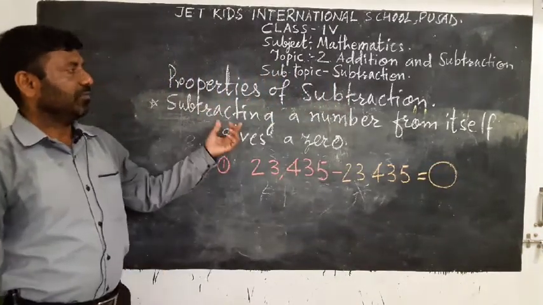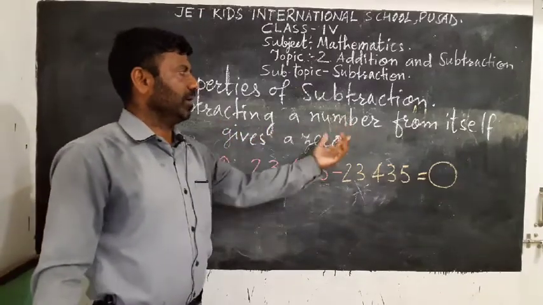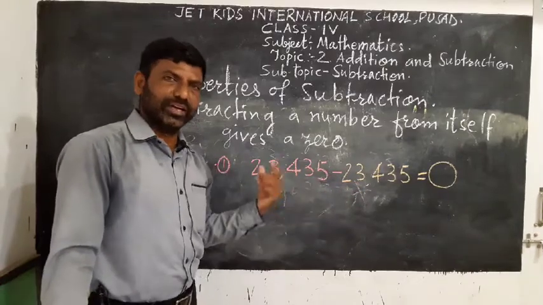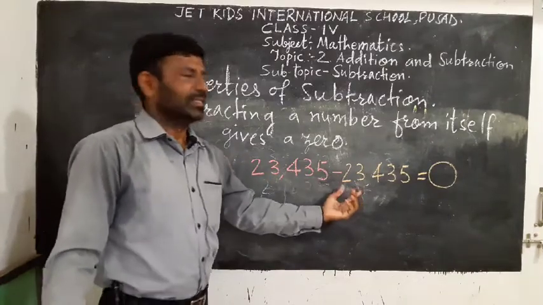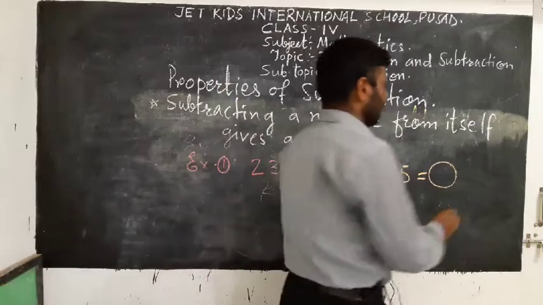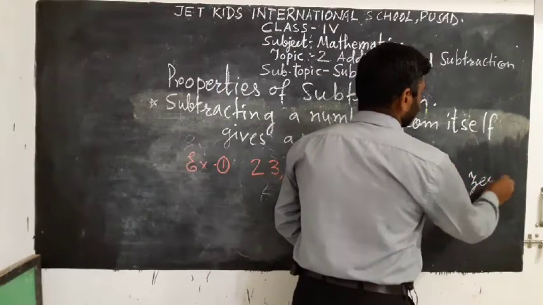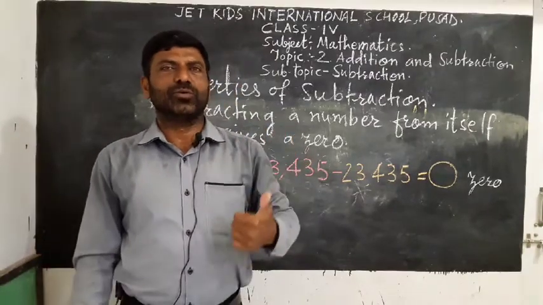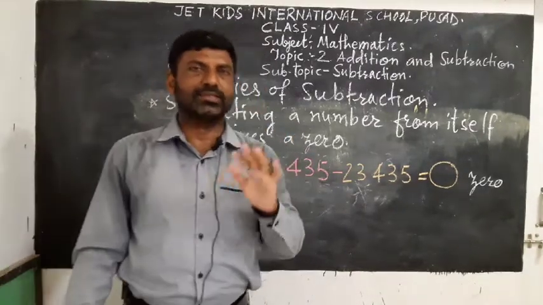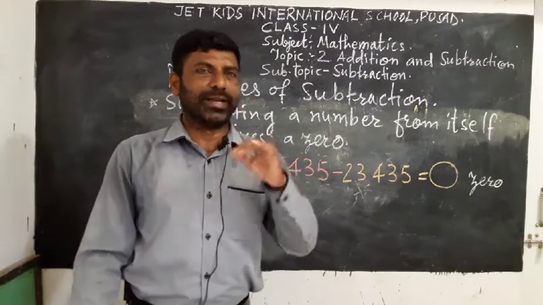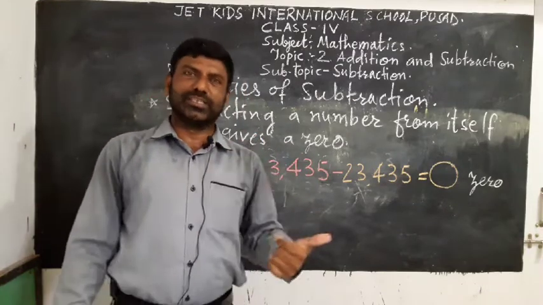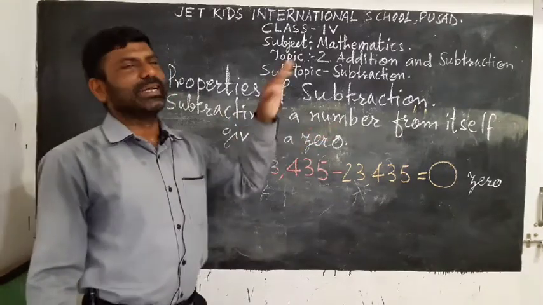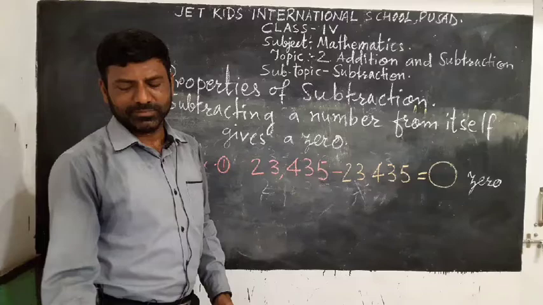If we subtract the same numbers, the answer will always be 0. 2 minus 2, 0. 10 minus 10, 0. 100 minus 100, 0. 3,400 minus 3,400, the difference is 0.